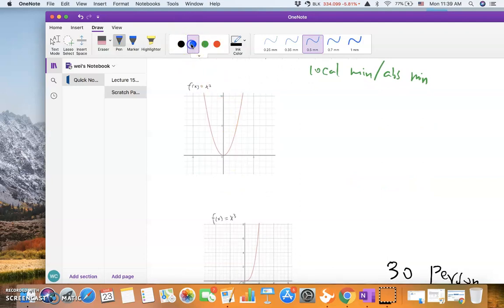Okay. For this one, there's no local maximum. Why? Because the graph keeps going up, but there is a local minimum, which is here.